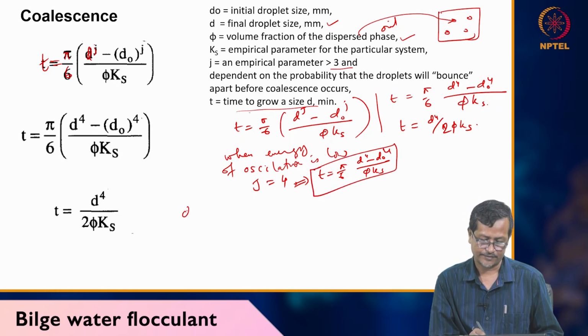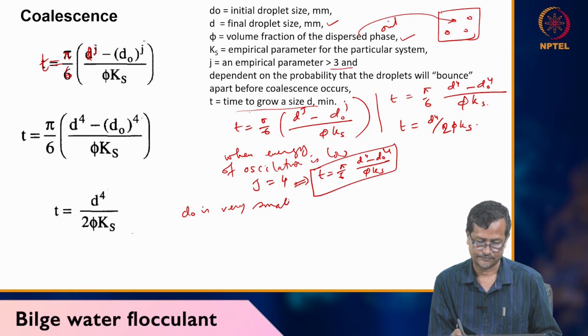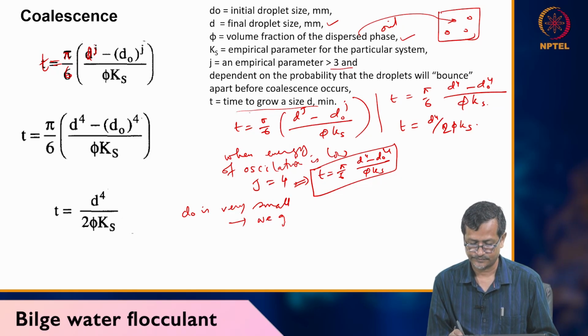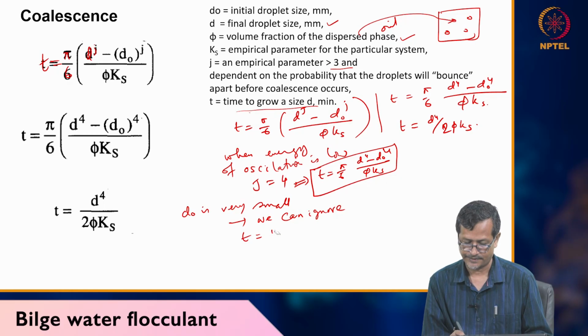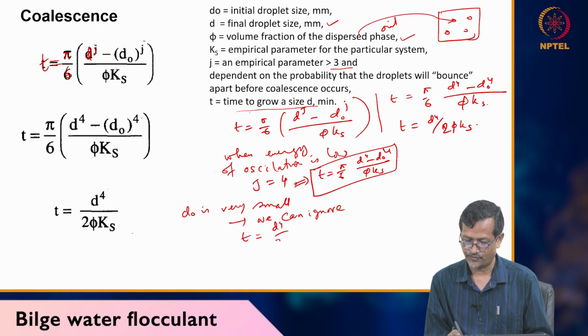Now if do is very small, then we can ignore it, and the formula becomes T equals pi d power 4 by phi ks after approximating it.